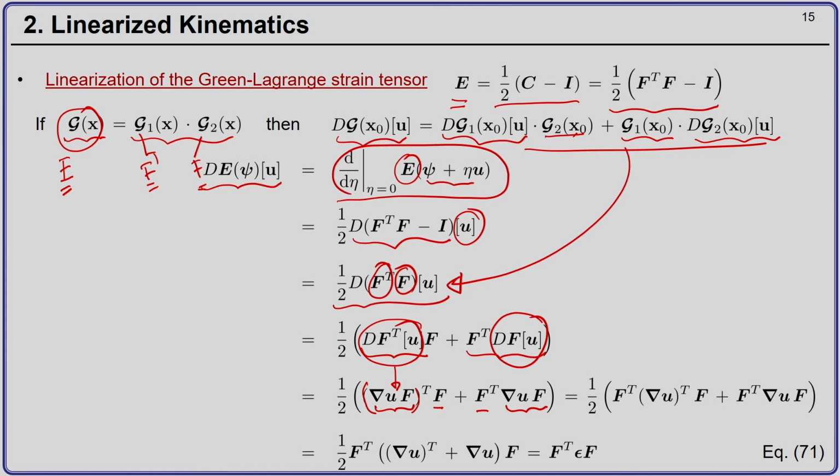Now, I can open up the bracket: (AB) transpose is B transpose A transpose. So, we get F transpose del u transpose F plus F transpose del u F. Now, I can take out F transpose from the left hand side and F from the right hand side.